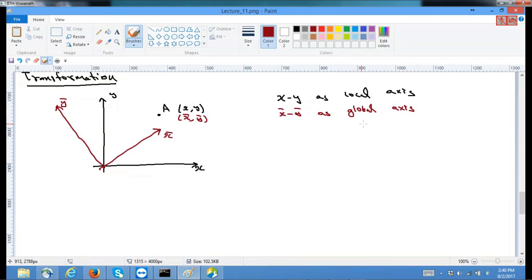Let me choose the other way around. I will choose this one as the local axis and the other one as the global axis. It's just a nomenclature, so it doesn't matter.